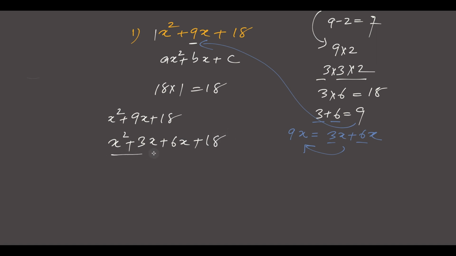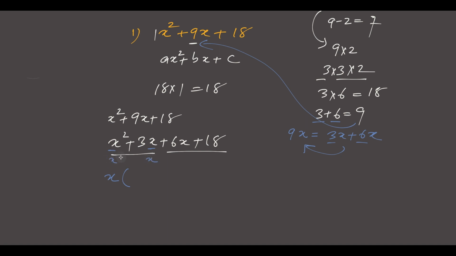Now we have to break this into two parts. The first is the first two terms, and the second is the second term and the constant. What is common between these two? You can see this is x, this is also x, but not x square. So we have to take x as common. Now with x common, how can we divide? We divide each term by x.